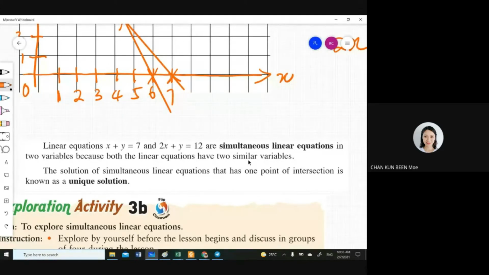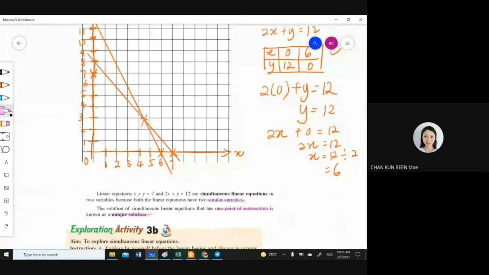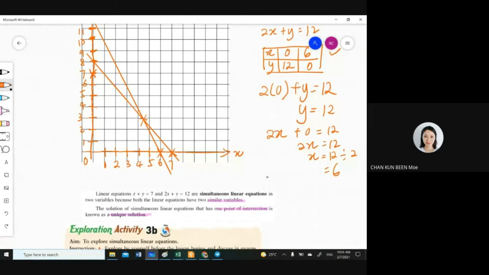So you remember this, they must have similar variables. And then the solution of simultaneous linear equations that has one point of intersection is known as a unique solution. So if they have one point of intersection, we call it a unique solution. This point right here.